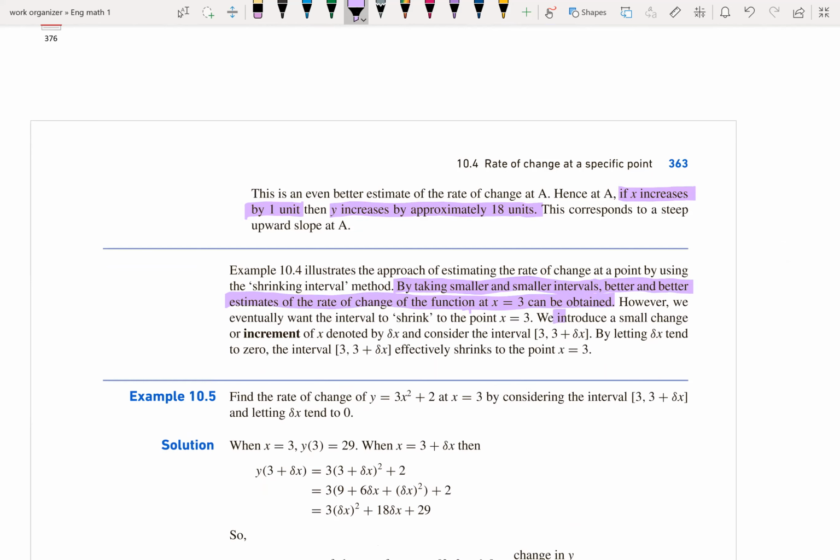So we introduce a small change or increment of x, denoted by delta x. Now we consider the interval 3 and 3 plus delta x, and then we let delta x tend to 0.